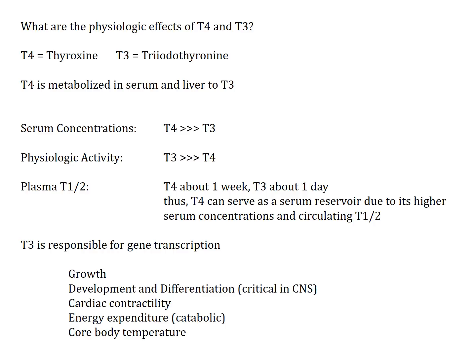T3 helps the heart contract, so it's very important in providing energy for the heart, which produces cardiac contractility. T3 is responsible for energy expenditure. So when we need to burn energy for fuel, T3 plays a role. And T3 is also responsible for maintaining core body temperature. So a lot of different physiologic effects by one hormone.